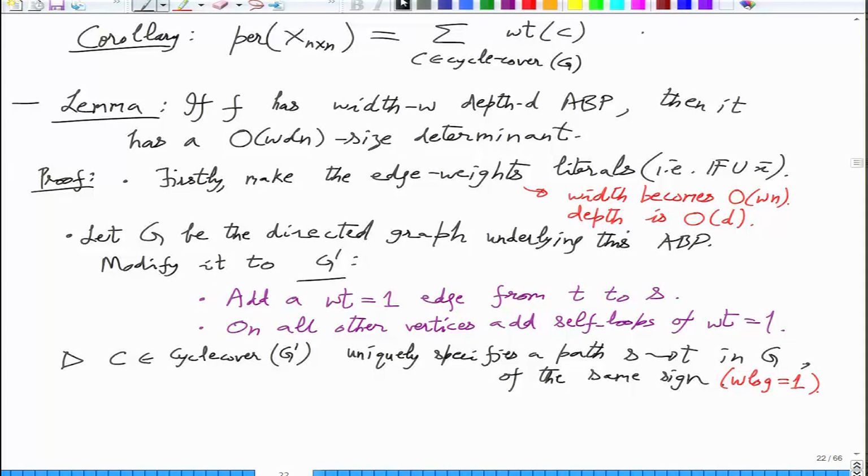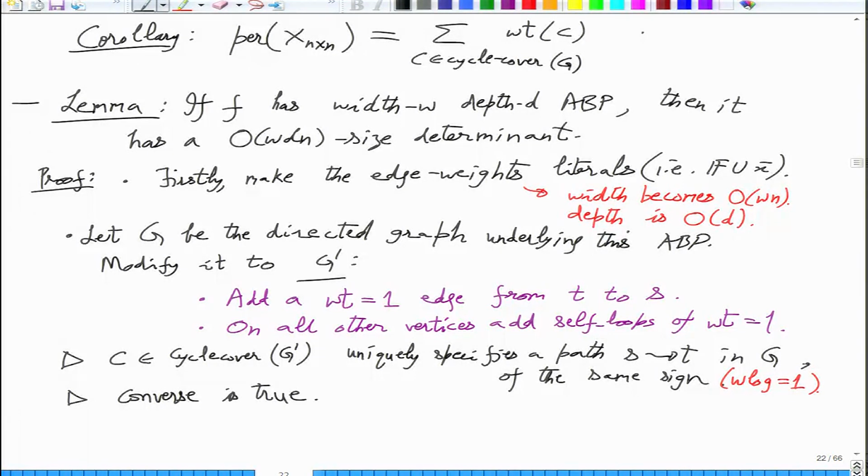Is that clear? And the converse is also true. Every path in G uniquely specifies a cycle cover of the same sign in G prime.